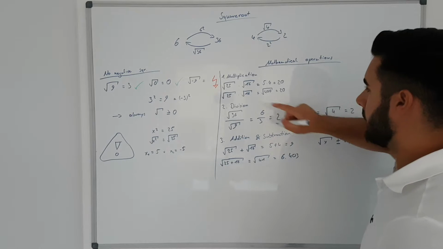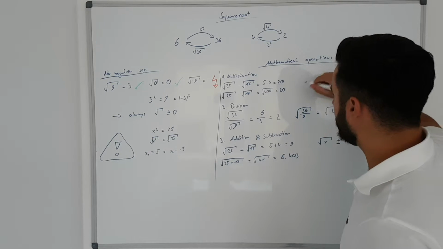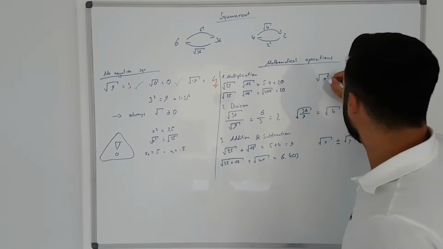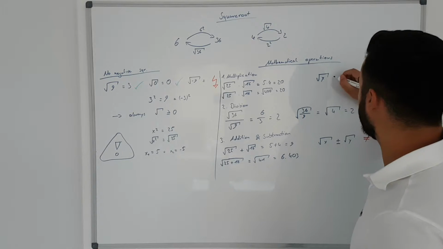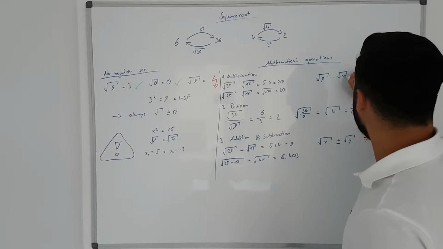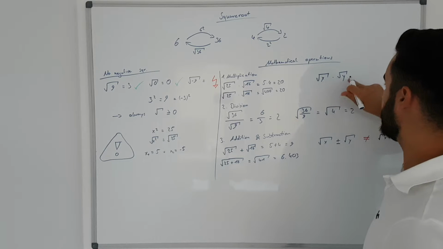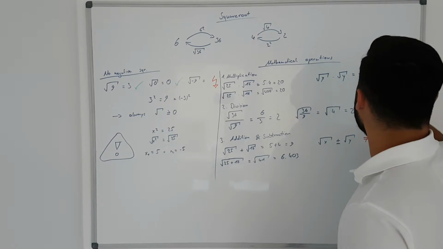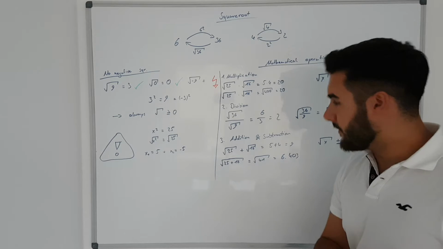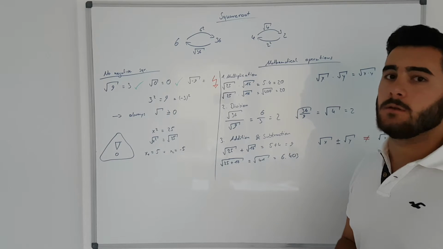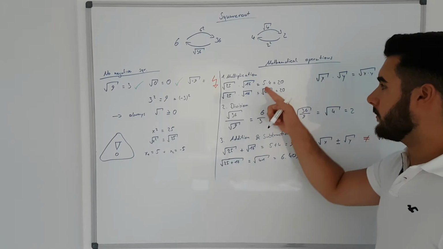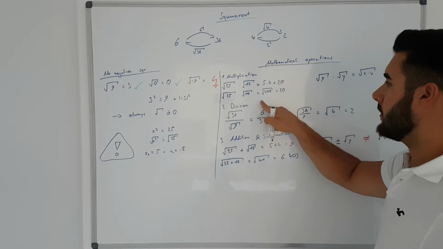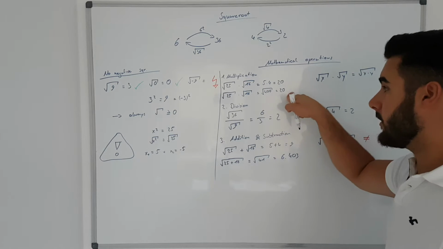Let's take a general formula: the square root of x times the square root of y is equal to the square root of x times y. And this is what you can see in our example as well. 5 times 4 is 20, and the square root of 400 is 20 as well.